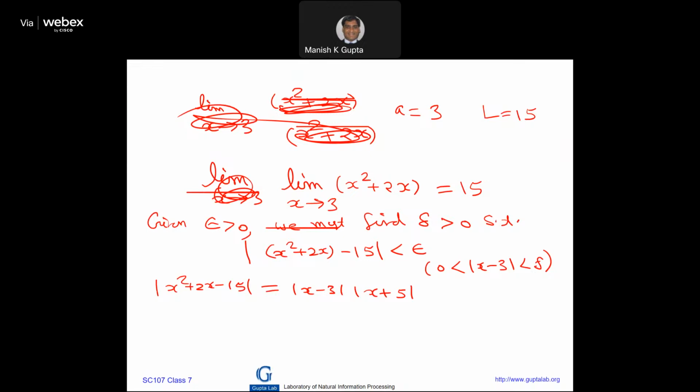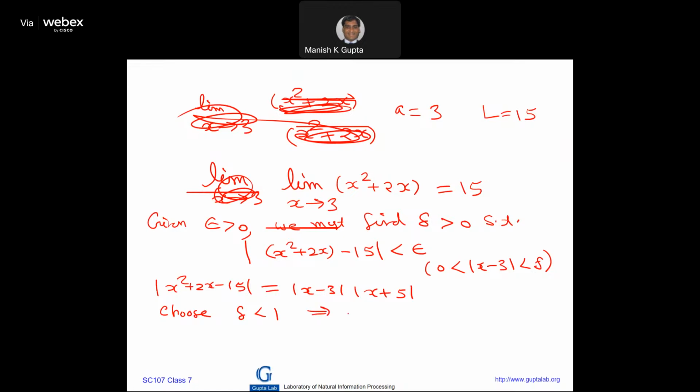First, very carefully observe: choose delta less than 1. I have to find delta. Remember, epsilon is given to us. I am choosing delta to be less than 1. In that case, what happens?